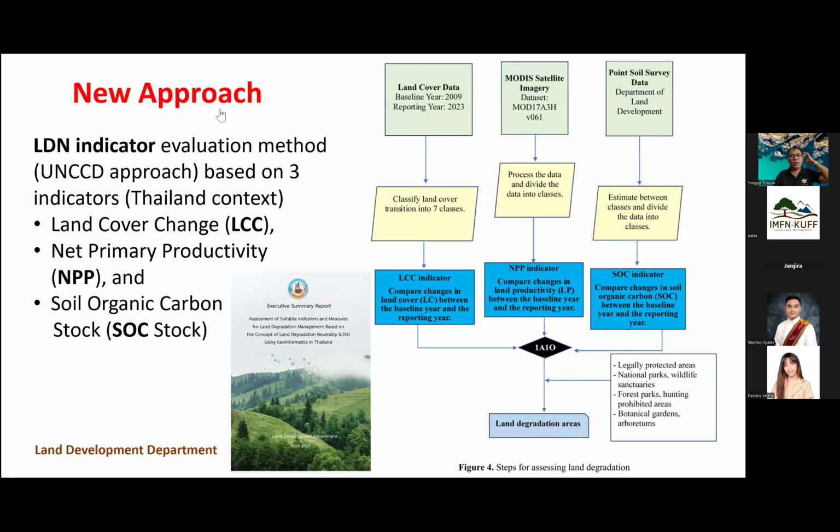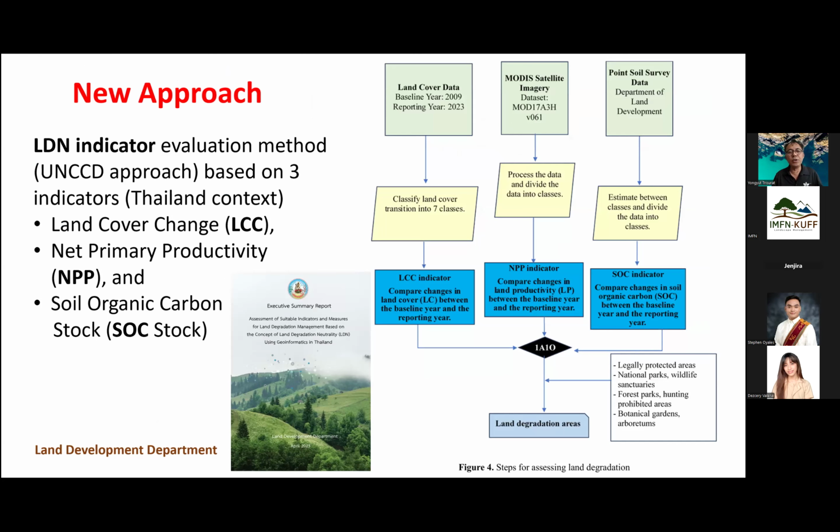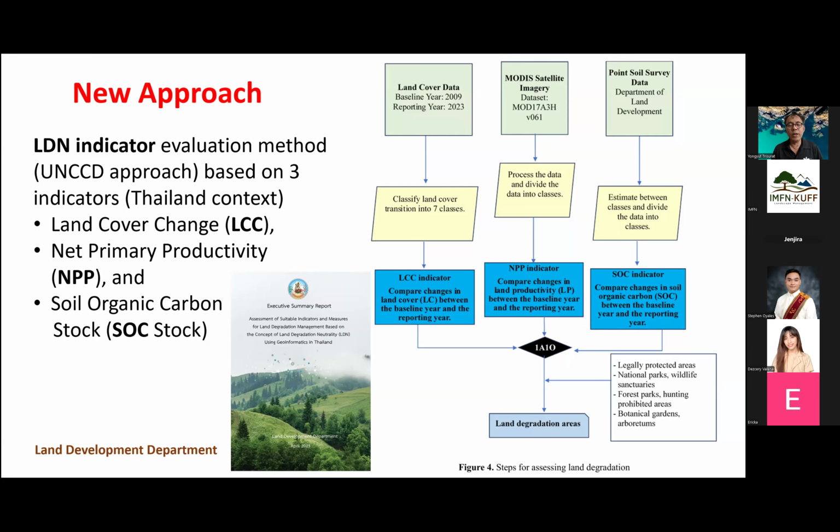Based on the recommendation of the UNCCD for land degradation neutrality, there are several factors to indicate land degradation, but for some indicators it is very difficult to obtain the data or information.